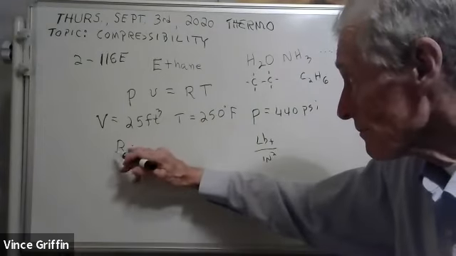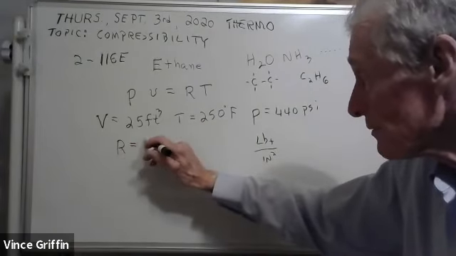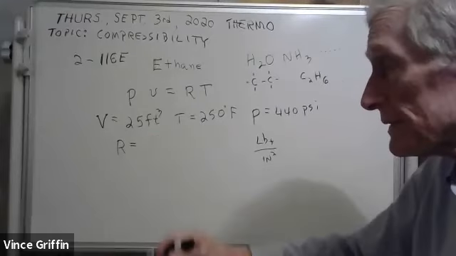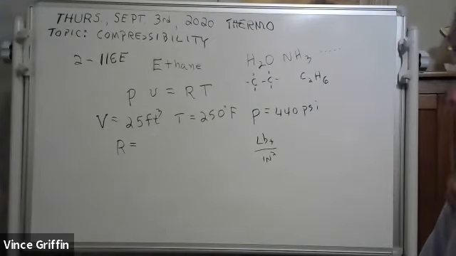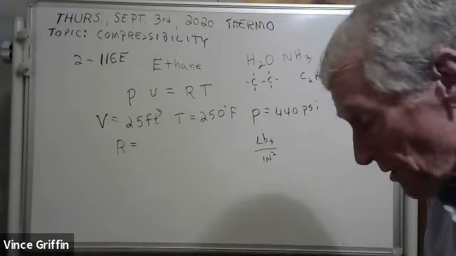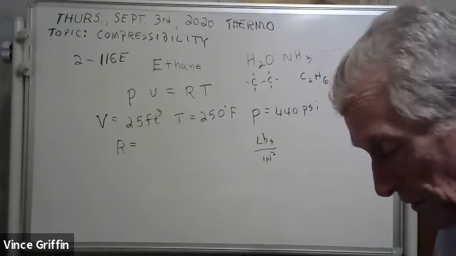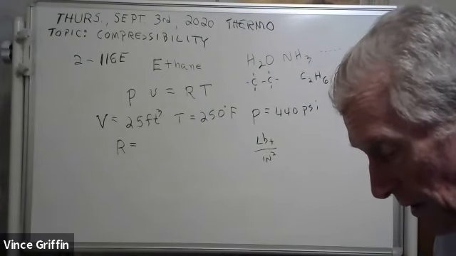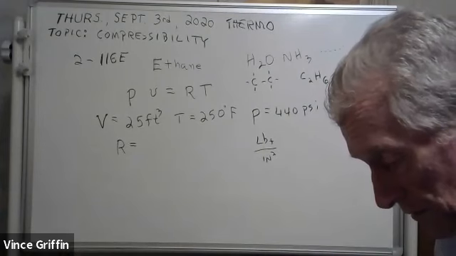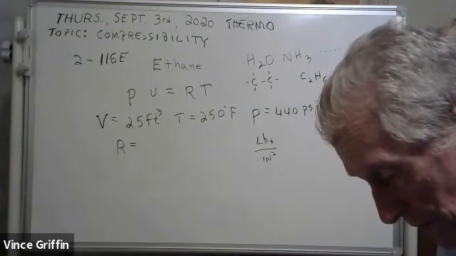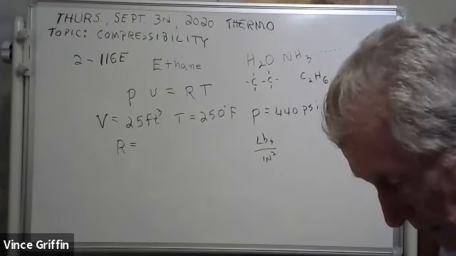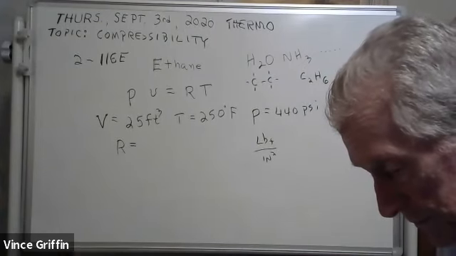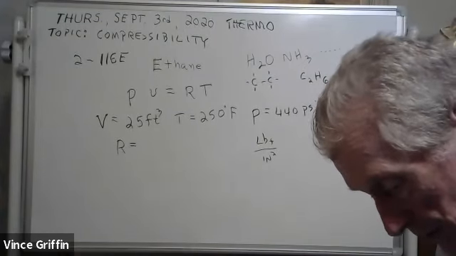One way of doing it would be, oh gee, I don't have the English universal gas constant memorized. Is it 386? Don't know. We're going to look it up though. Go to the back and help me find the gas constant for ethane. I'm trying to find it now. Ethane.